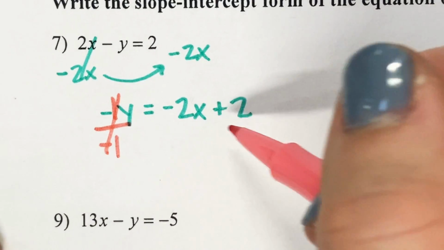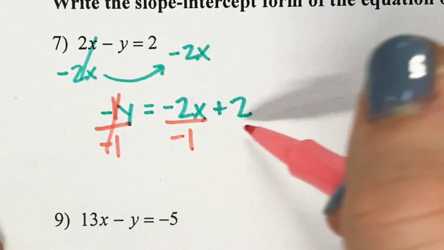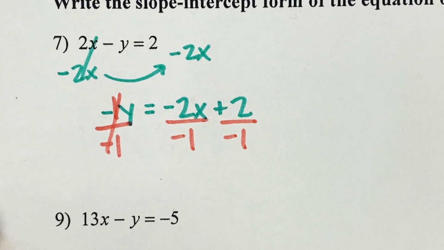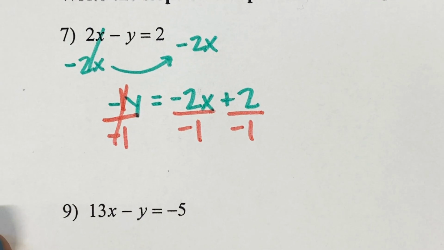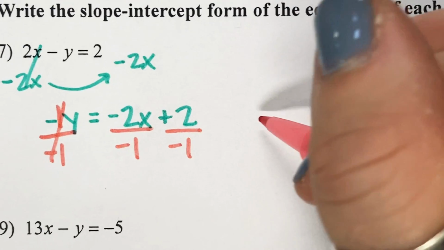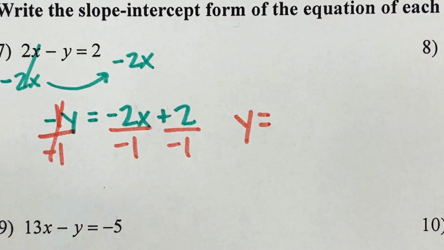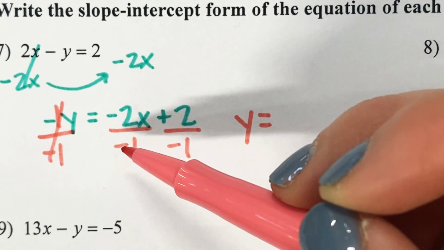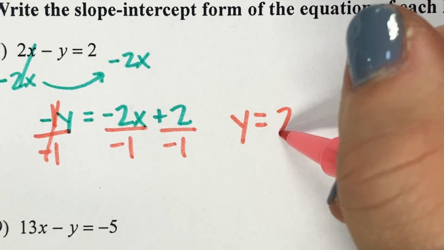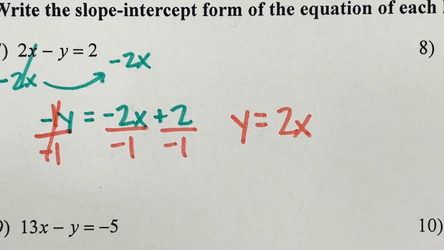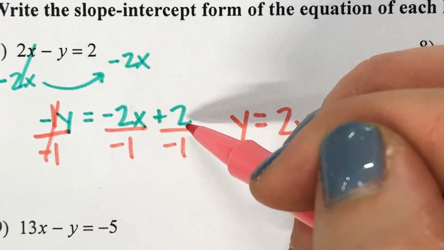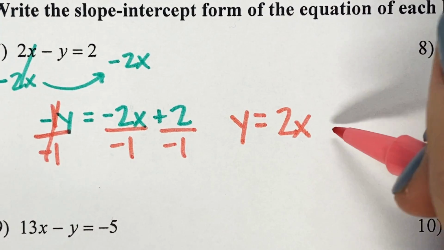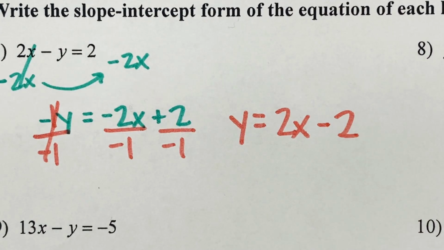I'm going to divide by negative 1, and everything needs to be divided by negative 1. So I'm left with y equals, a negative 2x divided by a negative 1 gives me a positive 2x. Positive 2 divided by a negative 1 gives me a negative 2.